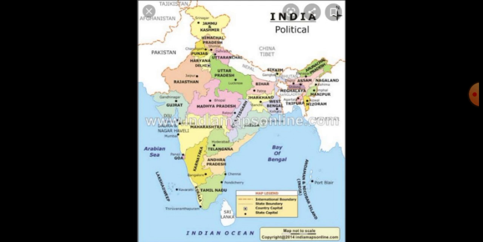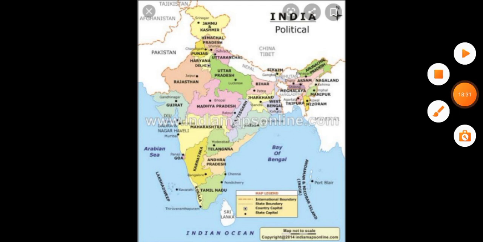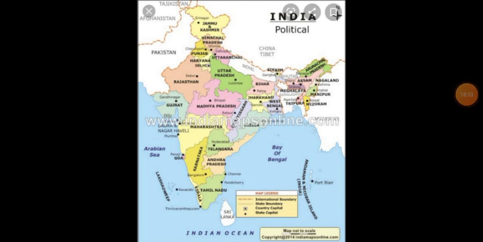Just you see that 29 states are given in this map. Students, just you find out the 29 states and their capitals by this map.